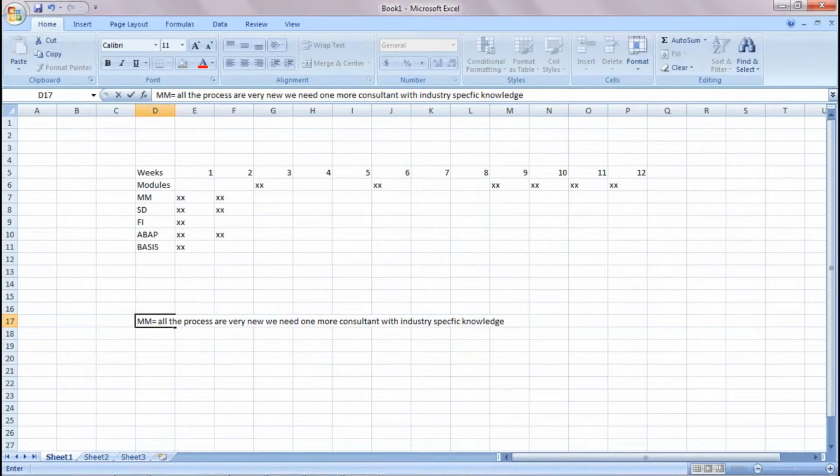The processes in the construction and automobile industries are totally different. If you tell a construction consultant to configure things in automobile, it is a very tough task for him, because he knows every flow of construction but has never worked on automobile. So it takes time. So he asked me, sir, this is a totally new industry for me, so I need one more consultant with industry-specific knowledge.